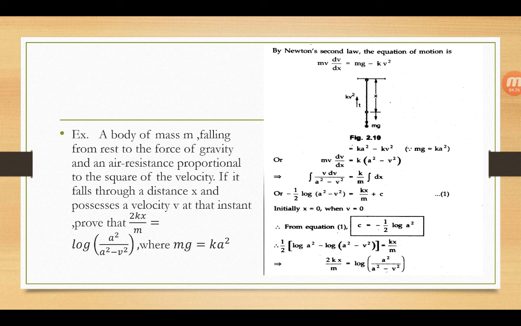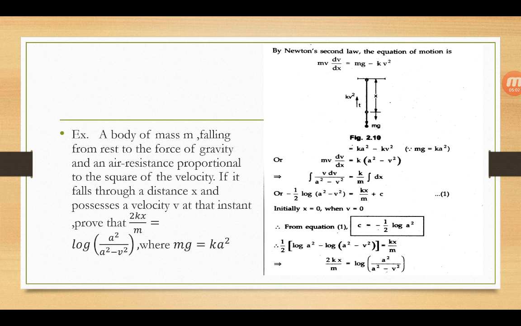Here v square is the square of velocity, and the term k is the constant of proportionality, and the negative sign shows that the force is in the upward direction, exactly opposite to the force mg, which is in the downward direction. Hence we get m into v dv by dx, which is equal to mg minus k into v square.